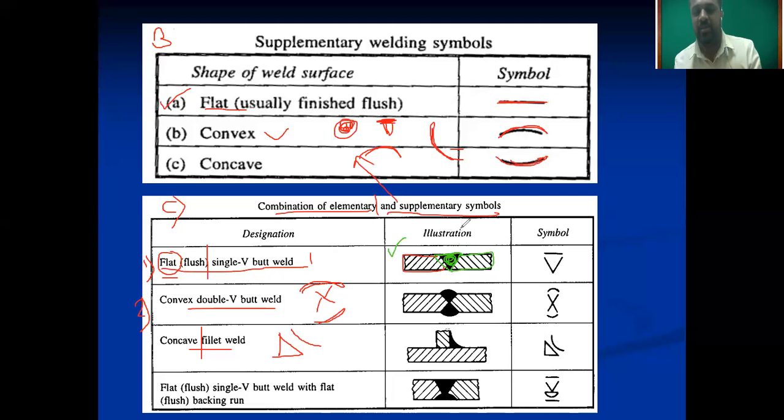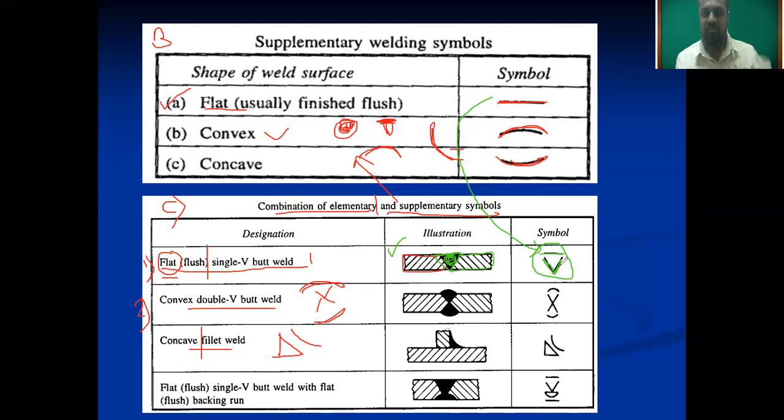Now, how can we represent it with the help of the symbol? We know the symbol for the single V, like this. See, this is the symbol for the single V, and what is the symbol for the flat? You see, this is the symbol for the flat. Just we have to draw one line. And now, what is the meaning of this total symbol?